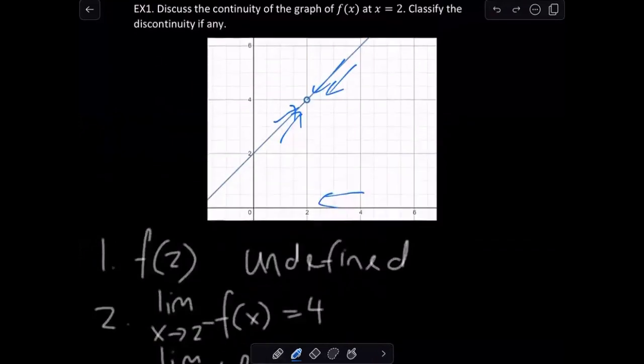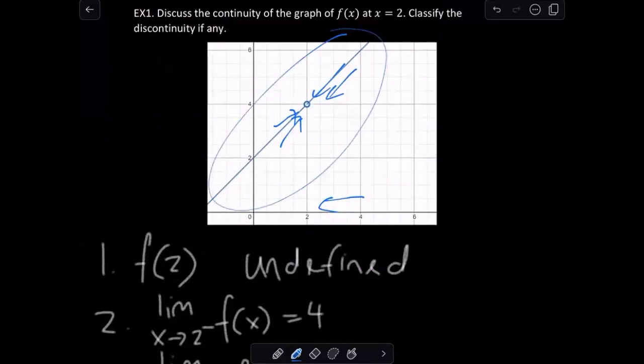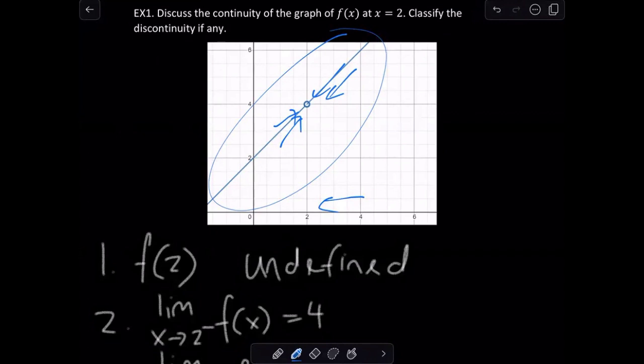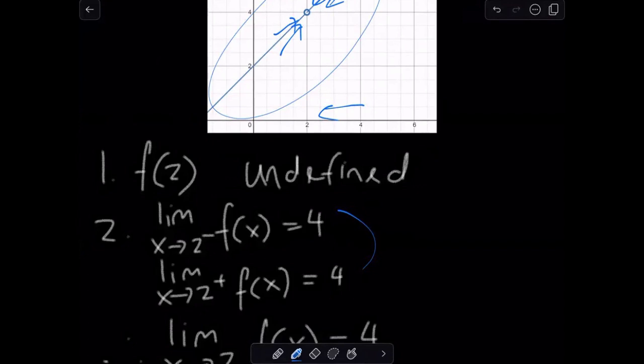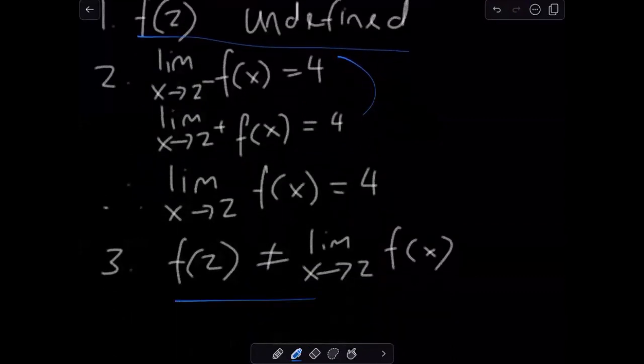So let's take a look at this. You may have guessed what type of discontinuity this is from the graph, but I like to go through all the steps so you learn it. Notice that the one-sided limits are equal, so this is characteristic of a removable discontinuity, and f of 2 is undefined, so f of 2 is not equal to the full limit.